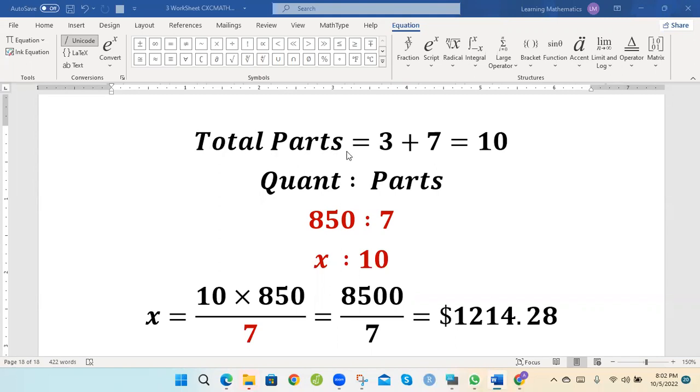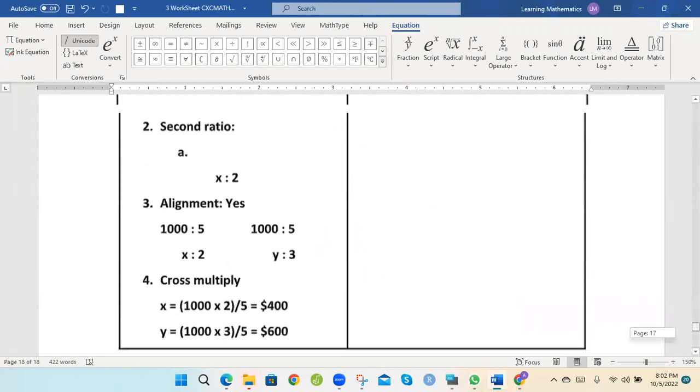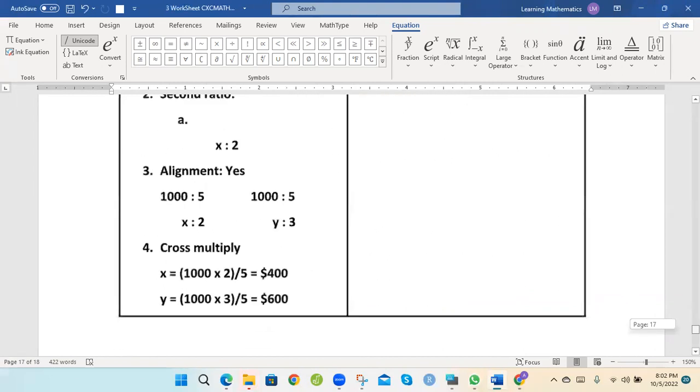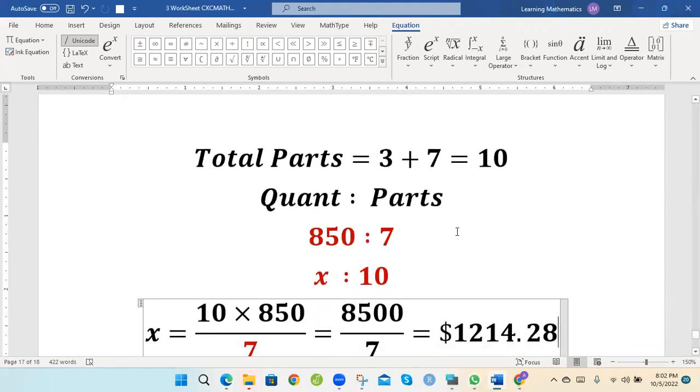Well, the total parts, we use these numbers for the total parts because they must give you a ratio, like 3 to 7 or 2 to 5. And you use that now to find the total parts. So it's not a trick. They must give you the ratio. So use the parts in the ratio to find the total parts.